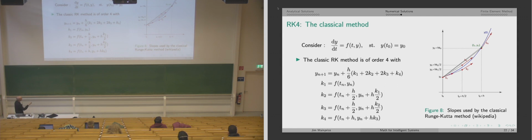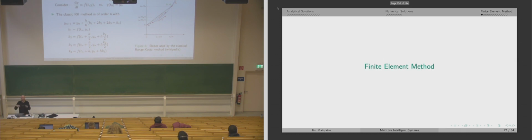And then you compute a third one a little bit further down, based on the estimation that you get from this one. Okay, so that's the classic Runge-Kutta method. So it's the order 4, but you can do higher order. Okay. All right, so that's for initial value problems.